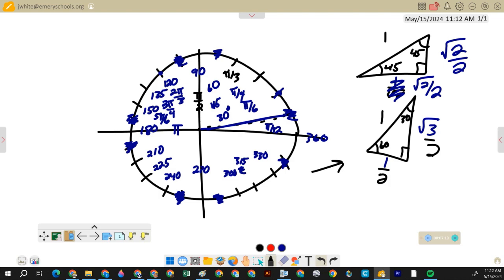Okay. And then we skip 13 over 12 and go on to 14 over 12, which is 7 pi over 6. Am I going too fast? Okay, and then 15 pi over 12 is 5 pi over 4. 16 pi over 12 becomes 4 pi over 3.